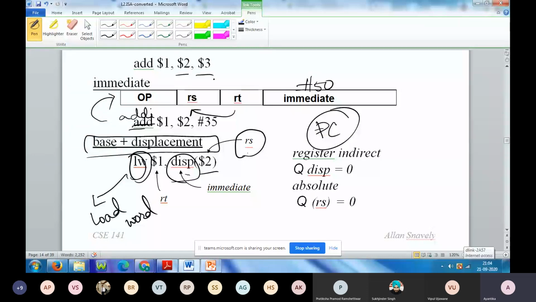Anybody? Reduce the opcode size. Pardon? We can reduce the opcode size, if the displacement is a smaller value, less than the address value. Opcode size is fixed. Your instruction set is fixed, right?